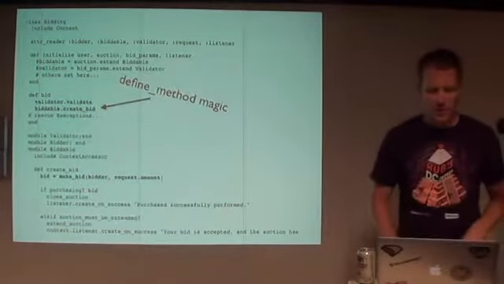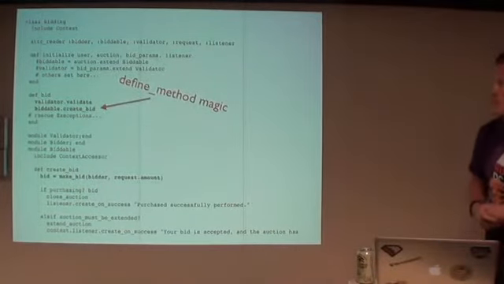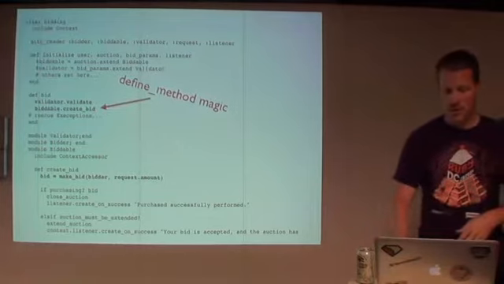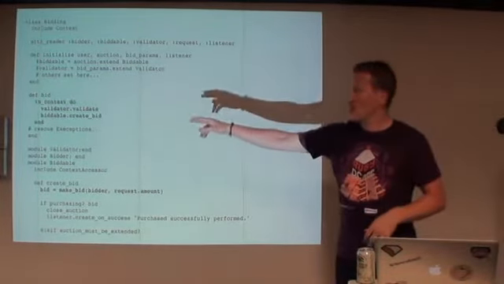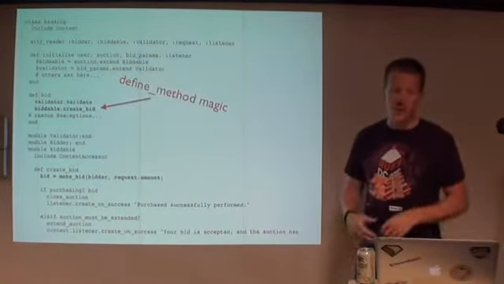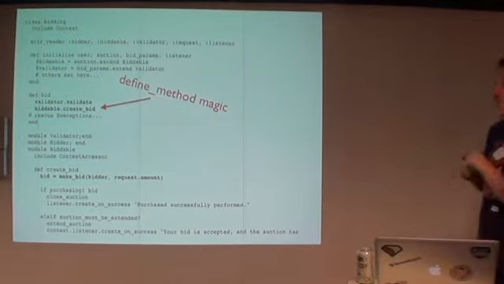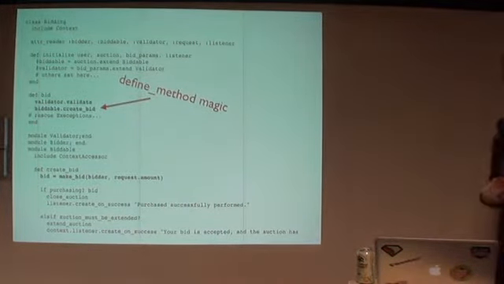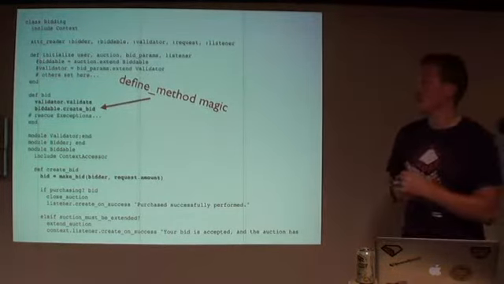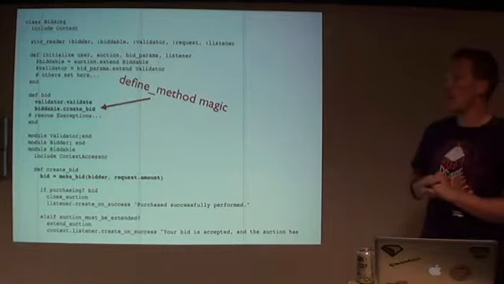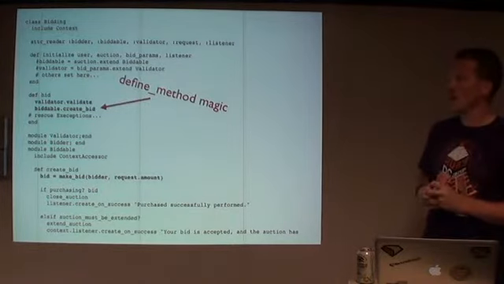But I'd want to get rid of the in context block there as well. We didn't talk about that much, but up here I don't want to wrap that. We could do some define method magic, which I don't have a sample for. I'm actually working on some stuff and it wasn't working properly, so I decided not to show the code. But we can do some things that allow us to set the context automatically. I want to be able to just write my method and move on with it.